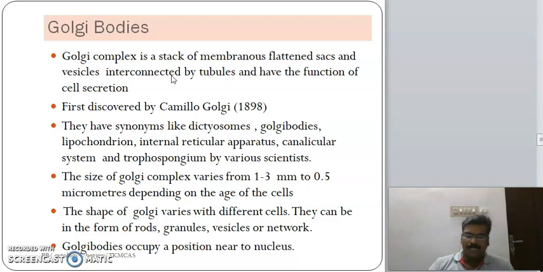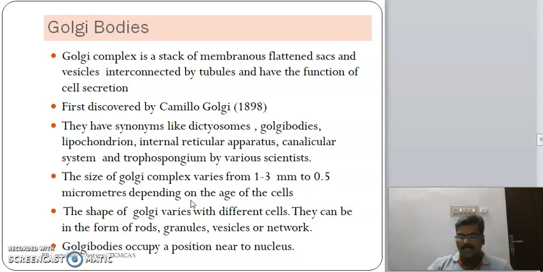They were first discovered by Camillo Golgi, and have synonyms like dictyosomes, Golgi bodies, lipochondrion, internal reticular apparatus, canalicular system, trophospongium. These are all different names of the Golgi apparatus. The size of the Golgi complex varies from 1 to 3 micrometers to 0.5 micrometers depending on the age of the cell. When the cell is young, the Golgi apparatus will be larger.